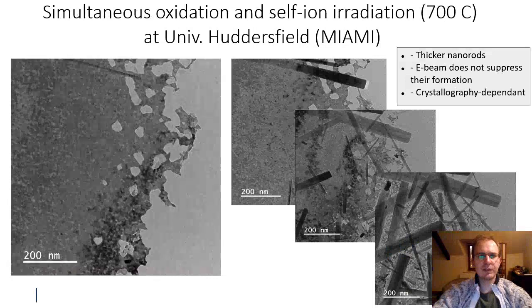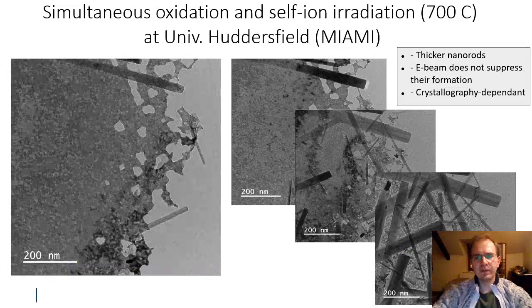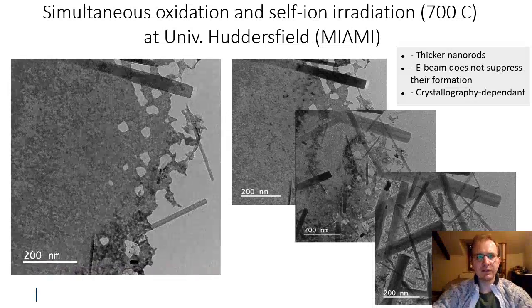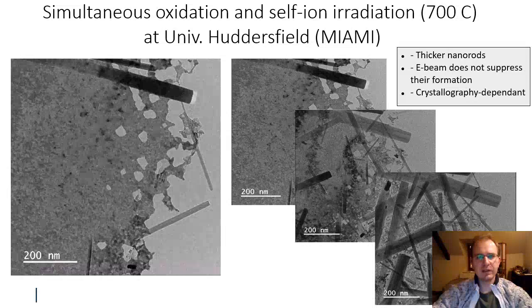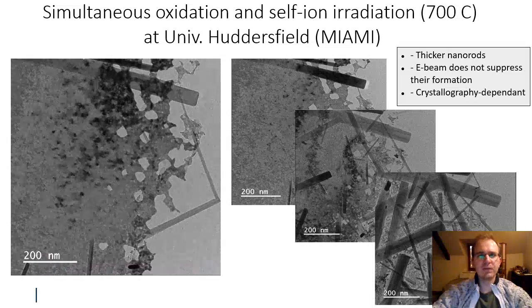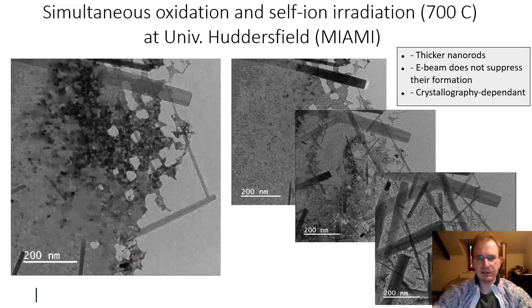This process is shown on the video on this slide, where the growth of the individual tungsten oxide nanorods is shown in real time. Actually, the speed of this video has been increased threefold just for convenience.